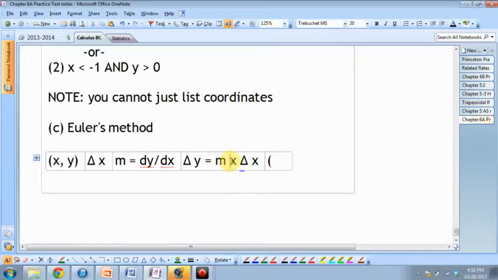And then we have x plus delta x, comma, y plus delta y.